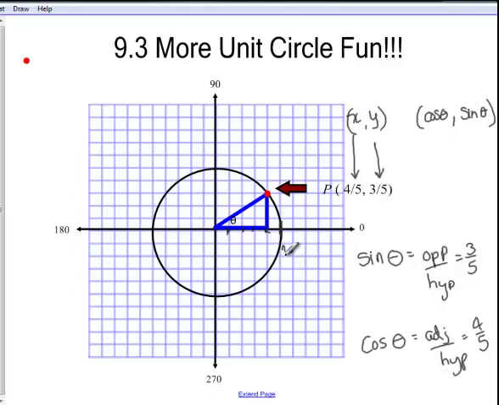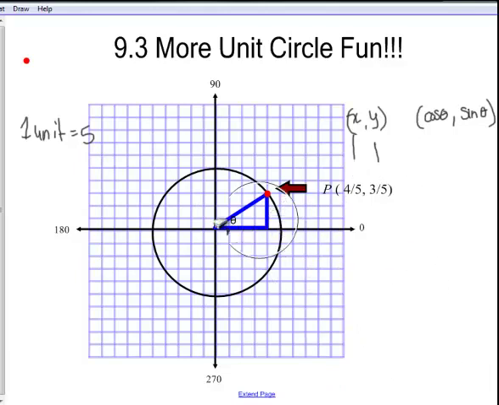So if that was my unit of 1, because remember it's a unit circle, which means it has a length of 1. So 1 unit here equals 5 spaces. So I went over 4/5 of the way, and then I went up 3/5 of the way. So that's what you're going to be playing with today.